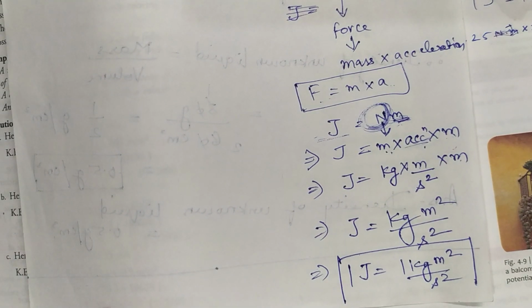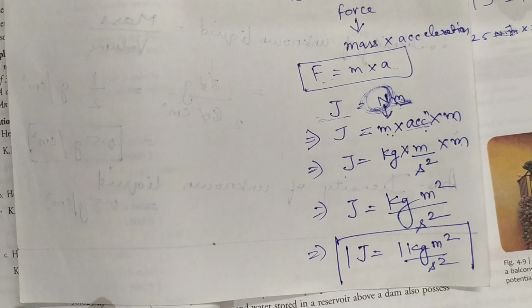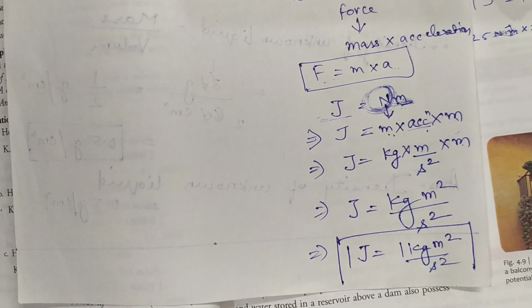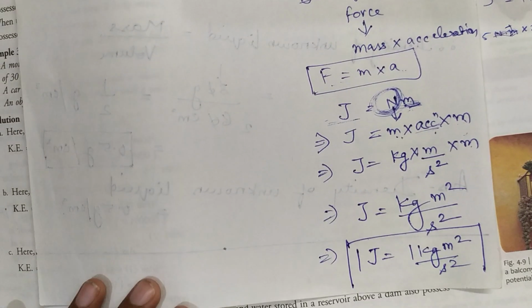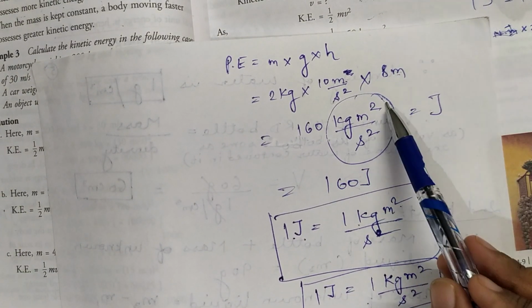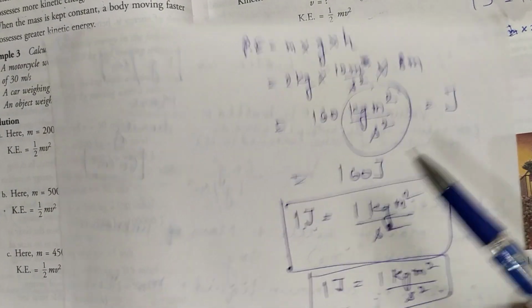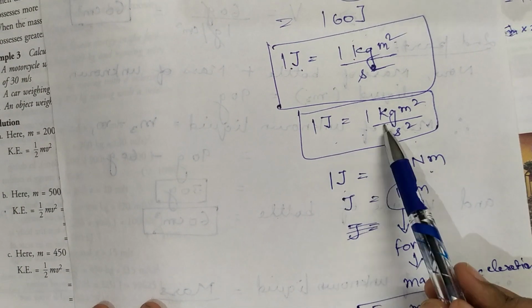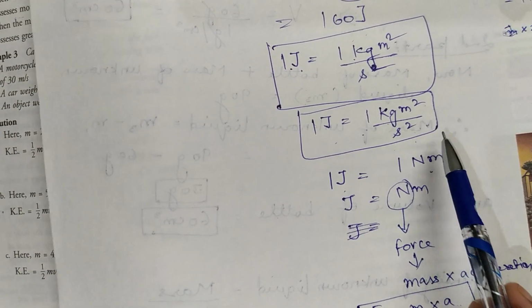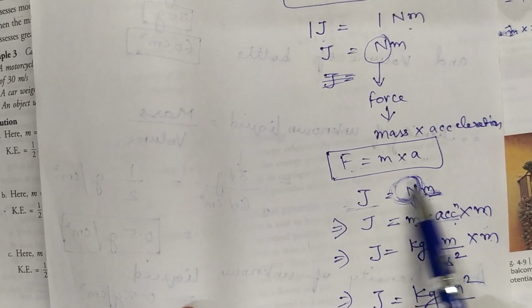Somebody asked me in the previous class, ma'am, please explain how 1 joule is equal to 1 kg meter square per second square. Since in this numerical we have written joule in place of kg meter square per second square, why do we write joule? Because joule is equal to Newton meter, and Newton is nothing but a force.